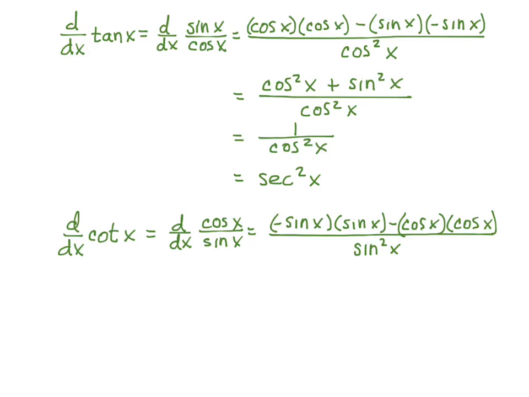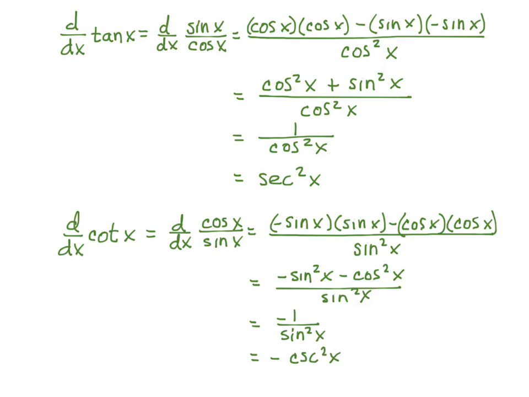And if we notice that we have two negatives here, what we get is that same kind of thing on the numerator, where we have the sine squared of x plus the cosine squared of x is 1, but both of them are negative, so we have negative 1.